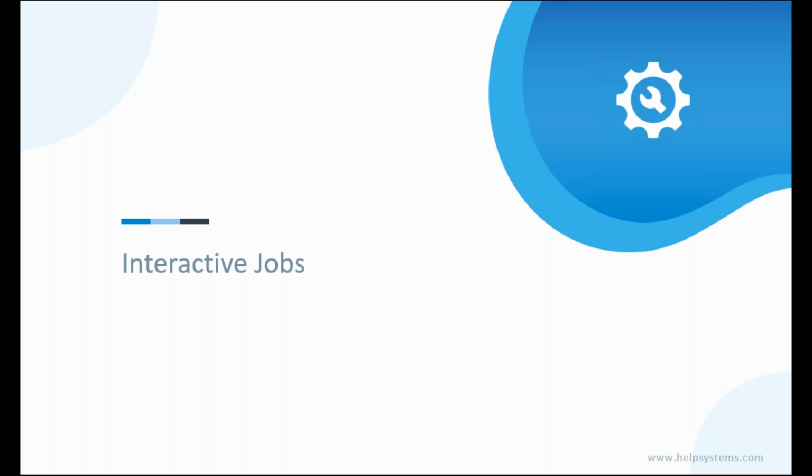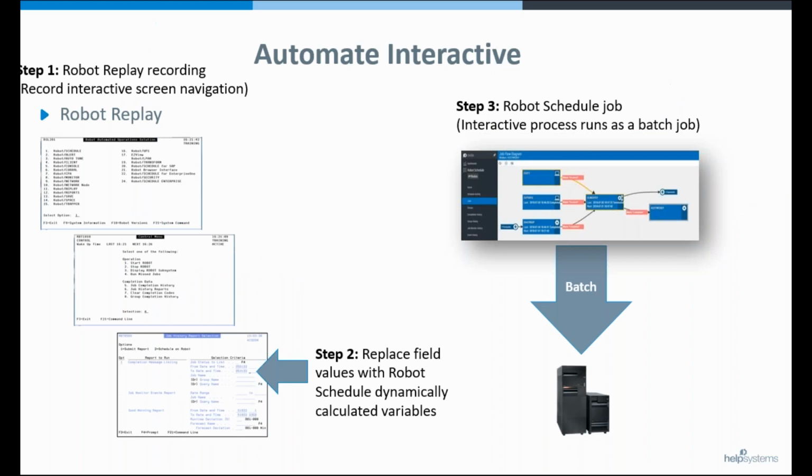Speaking of batch, let's talk about interactive, Chuck. All right. Yeah. Well, you're on your automation journey, and it may very well be that you've got some interactive processes that need to be automated. In other words, you can't call directly the programs that need to run. So there's some interactive updates, let's say, that happen behind the scenes. So what happens with Robot Replay is we record the 5250 data stream into a file as you run the process. That's what Robot Replay will do for you.